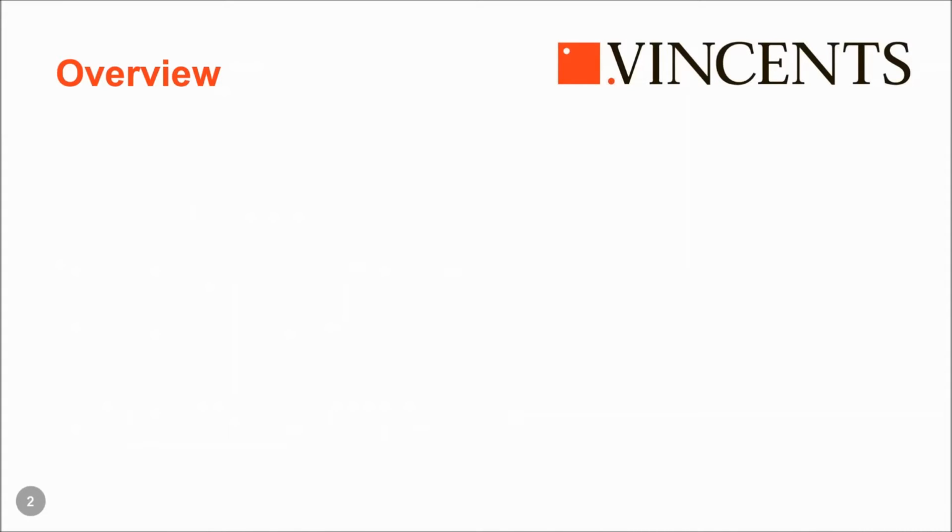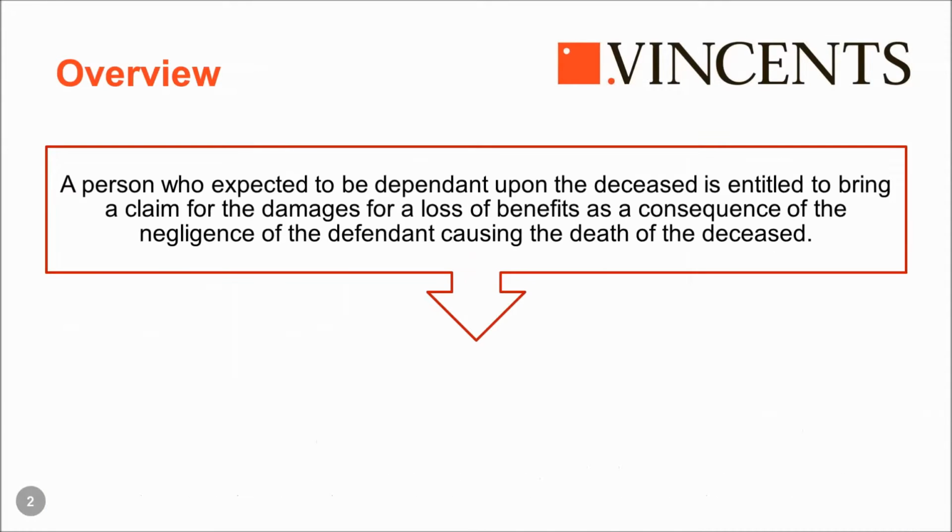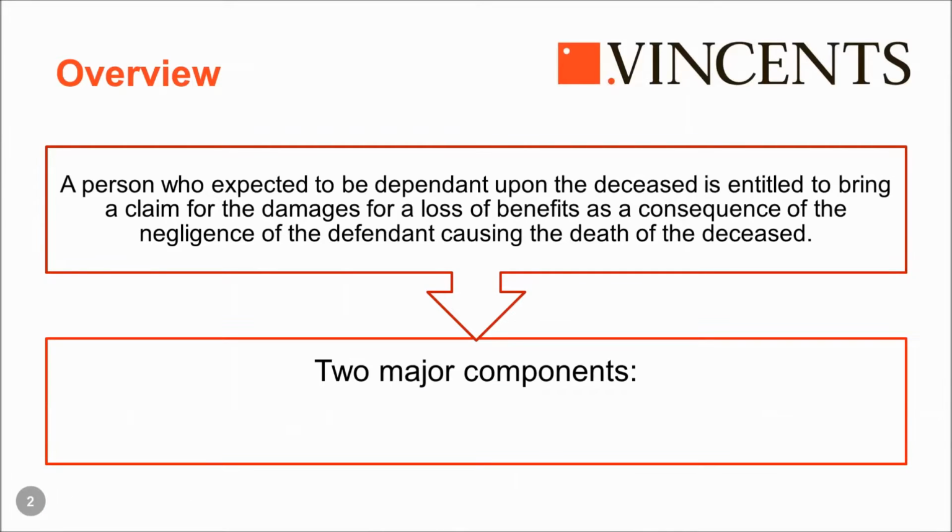So, as far as an overview, the first thing to understand is that a person who expects that they would be dependent upon the deceased is actually entitled to claim for damages for a loss of benefits as a result of the negligence of a defendant. Essentially there are two major components to those damages that you can claim.